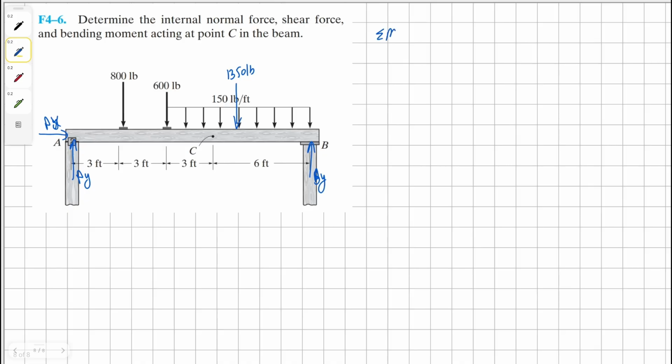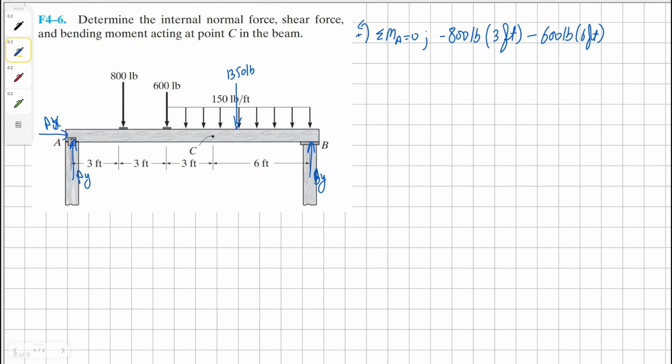So we can sum the moment at point A. In other words, we can take moment about the point A, and we have clockwise 800 pounds, and it's 3 feet away from A. Then we have 600 clockwise, and it's 6 feet away.